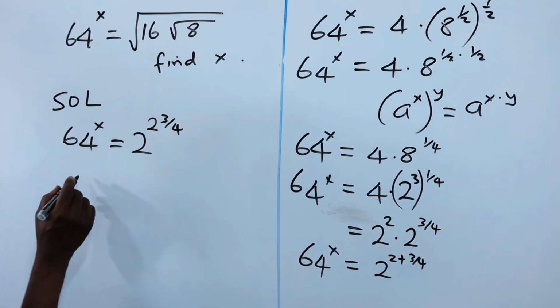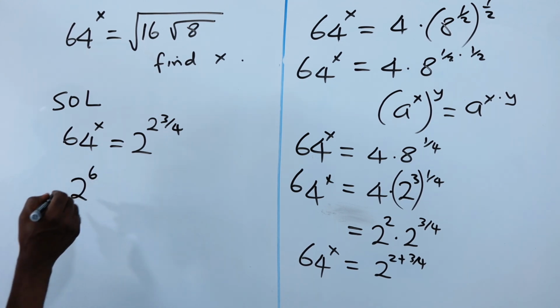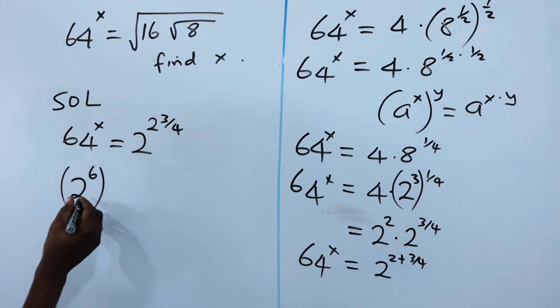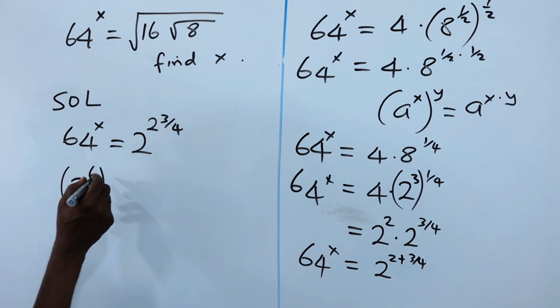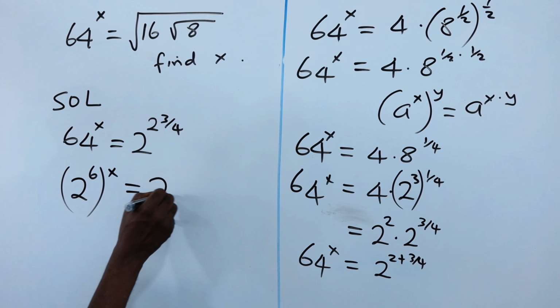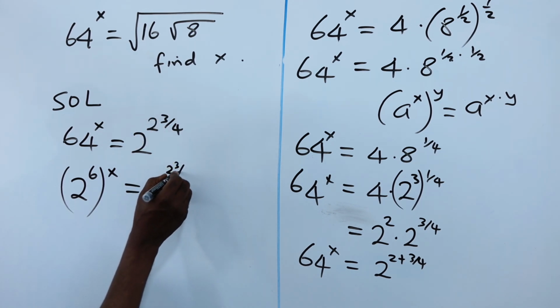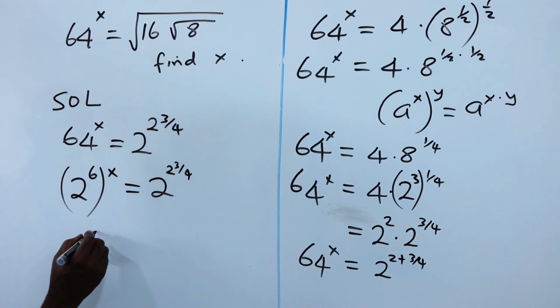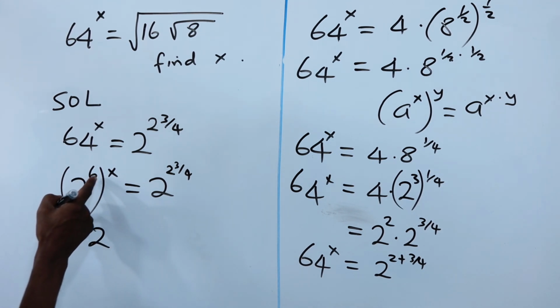64 can be written as 2 raised to power 6. So 64 power x now becomes 2 raised to power 6, all raised to power x, and this is the same thing as 2 raised to power 6 times x.